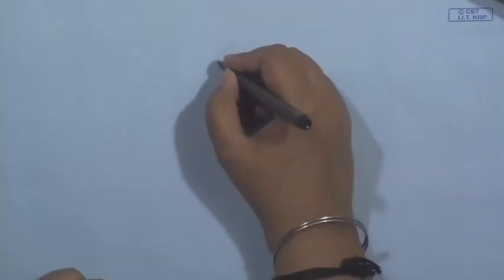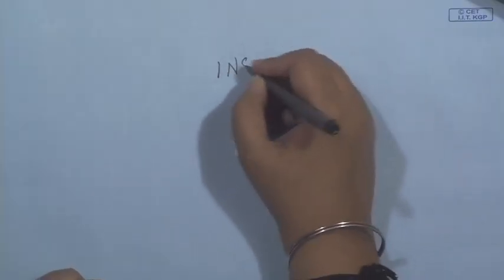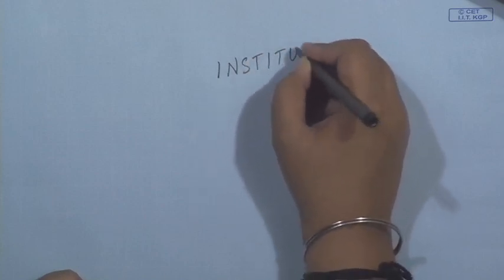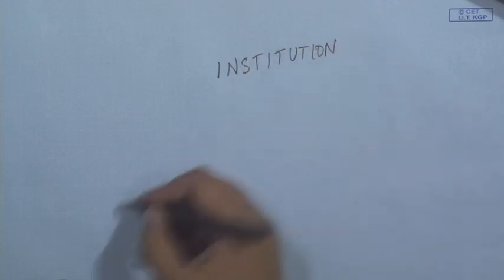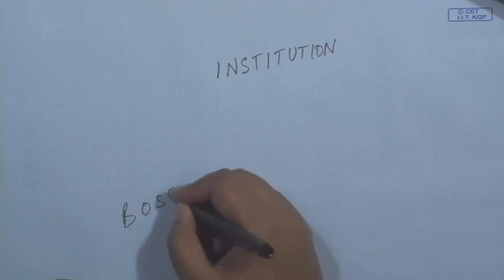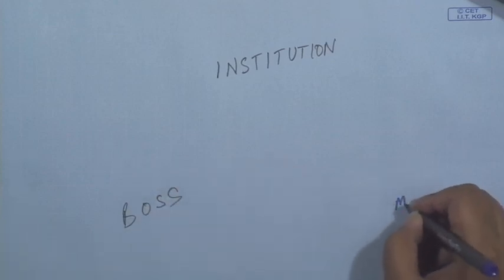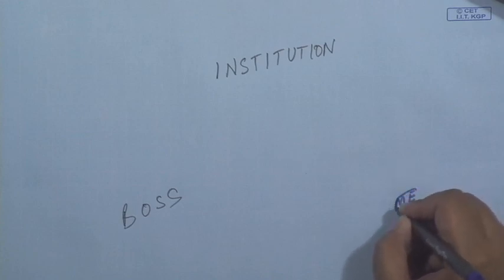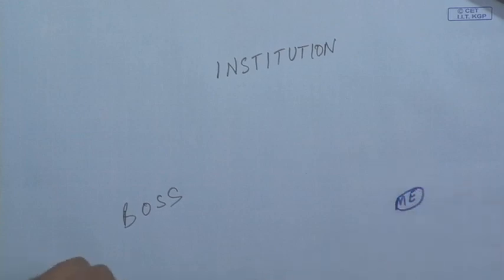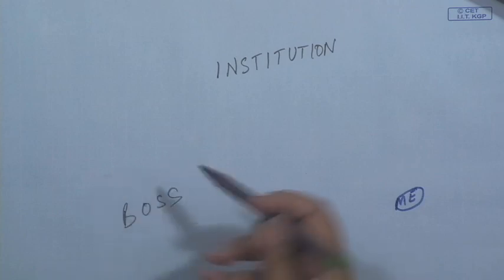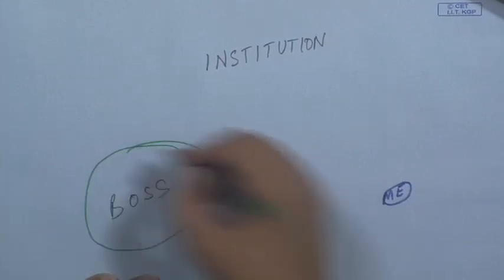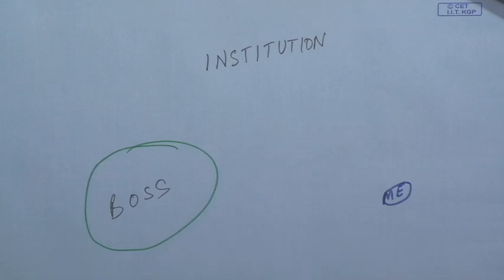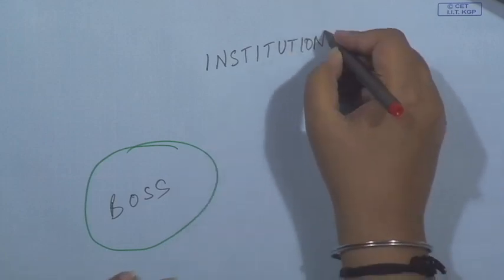So, we have the institution here, we have the boss here, and the measly me is here, and I am going to do this in a very, very small circle. This is you, and here the boss is much bigger than the institution, which is slightly smaller.